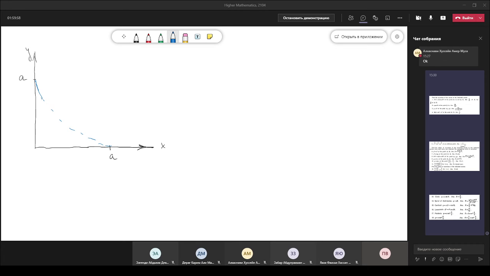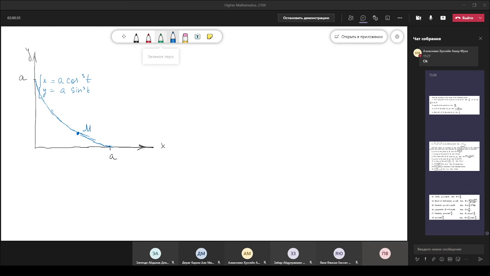Our line: x is a cosine cubed t, y is a sine cubed t. Asteroid. And we have approximately any point M, an arbitrary point.